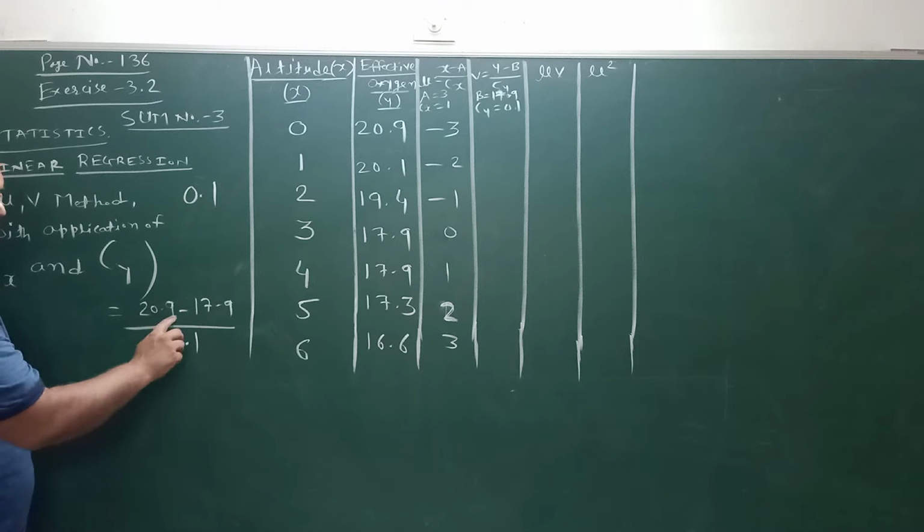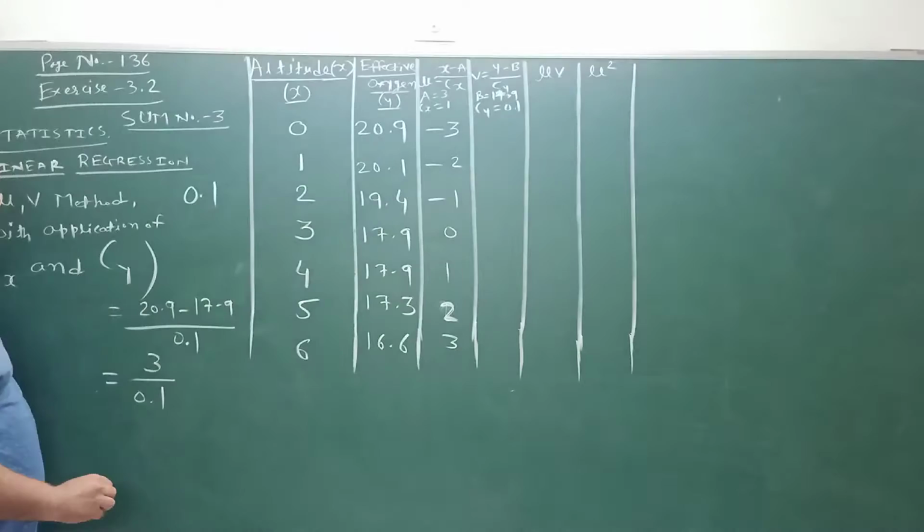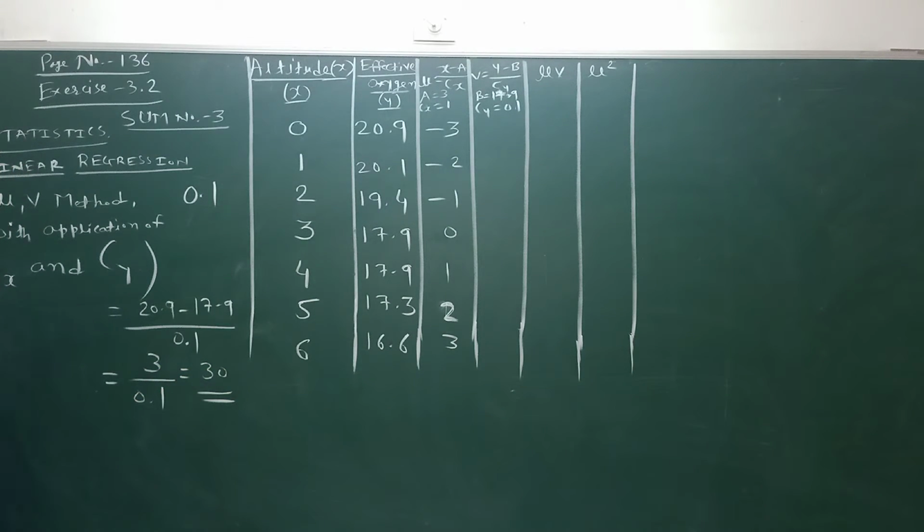So when we divide 3 by 0.1, it is 30. Why? 0.1 means 1 upon 10, and the denominator of the denominator goes to the numerator. That is the basic rule of mathematics.